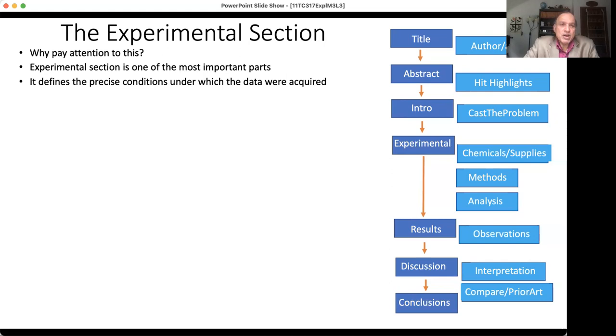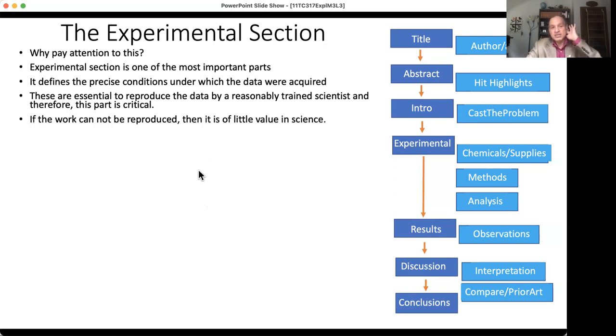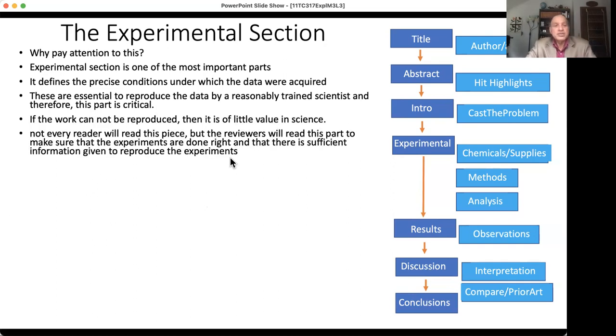And so we put in a lot of stuff in the supplementary, very detailed methods, so that the reader can reproduce your data. Because otherwise, science has no value to it.